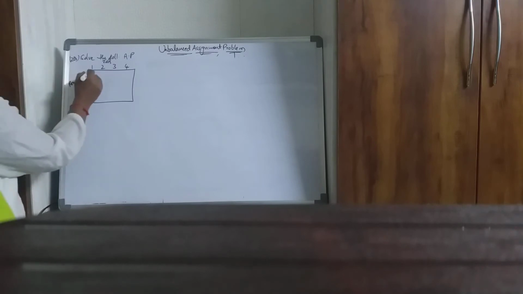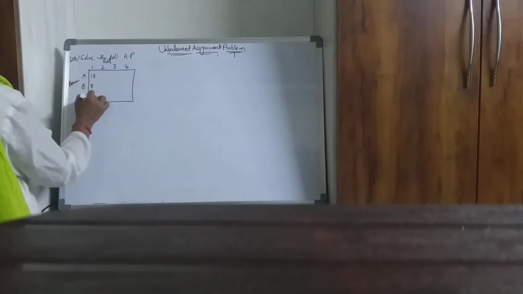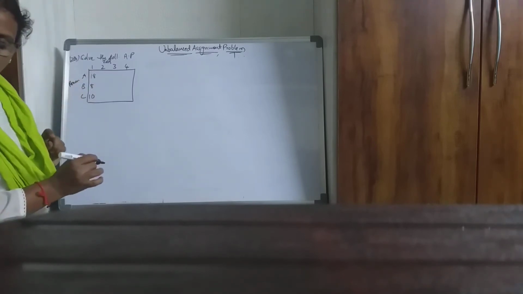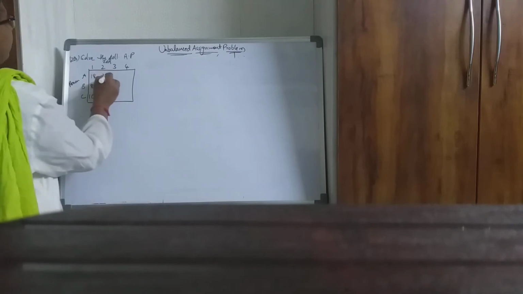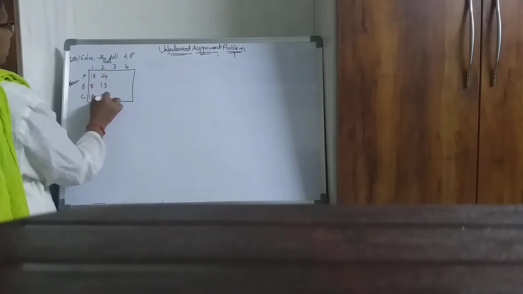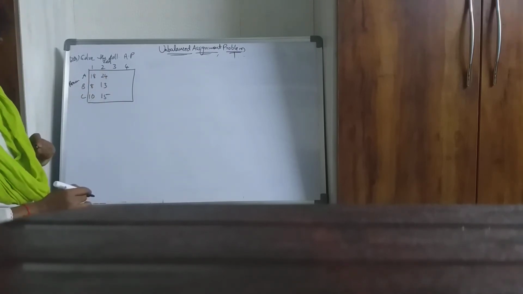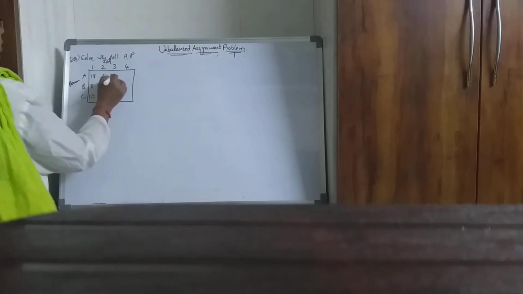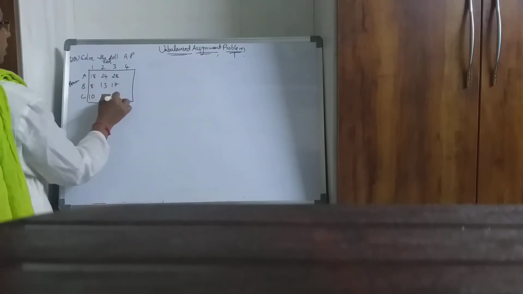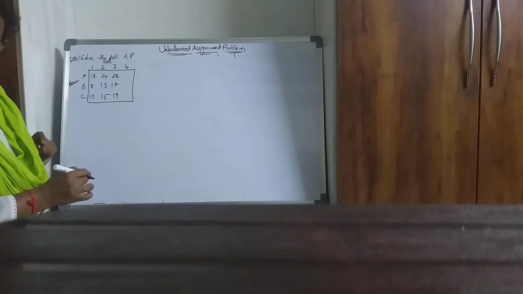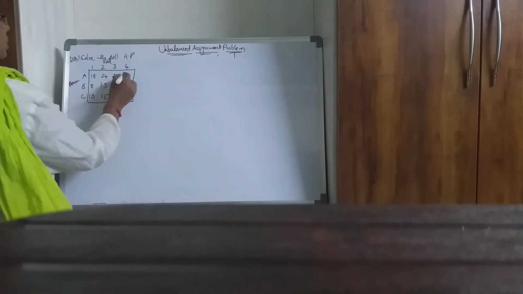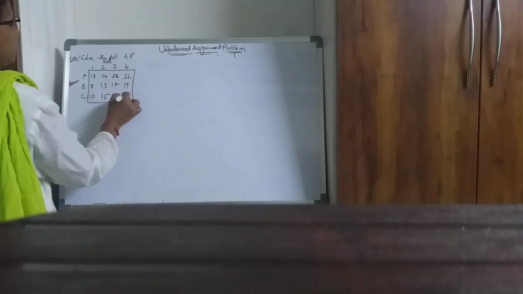The costs are 18, 8, 10, and then we have 24, 13, 15, 28, 17, 19, 32, 19, 22.